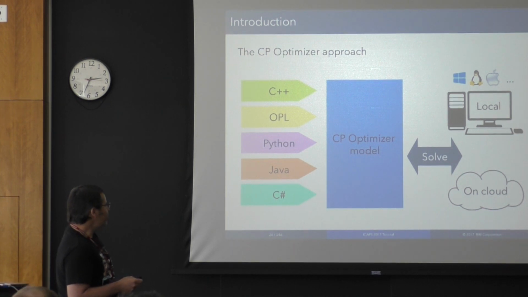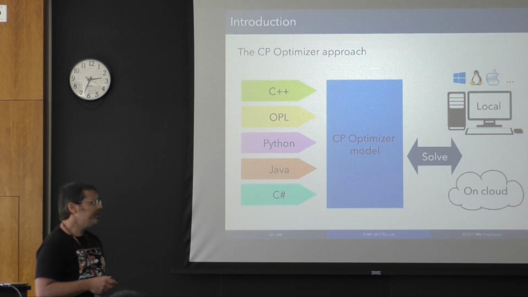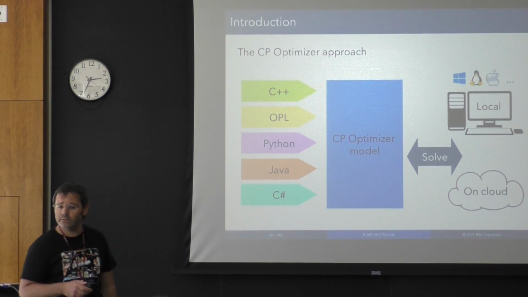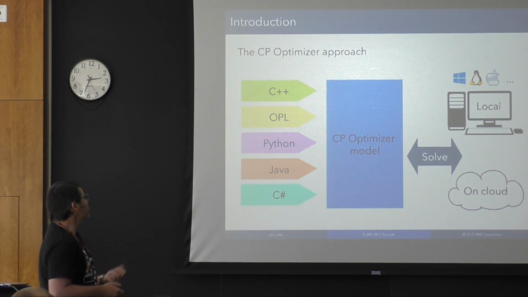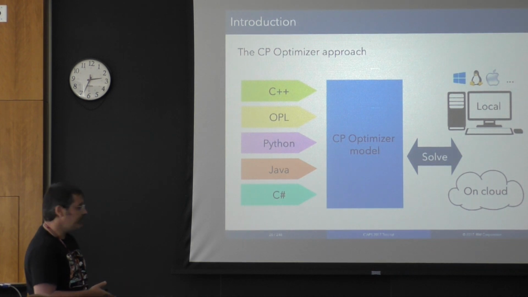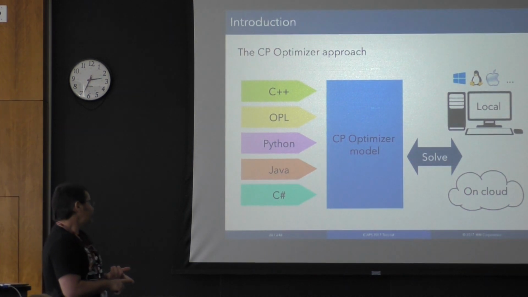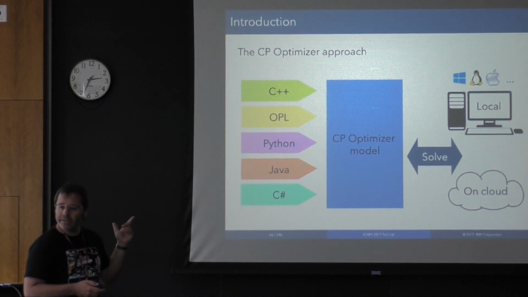Now, CP Optimizer is available under very different programming APIs and languages. The native language is C++, so you can of course write your model in C++. It's also quite often very convenient to use an optimization programming language.